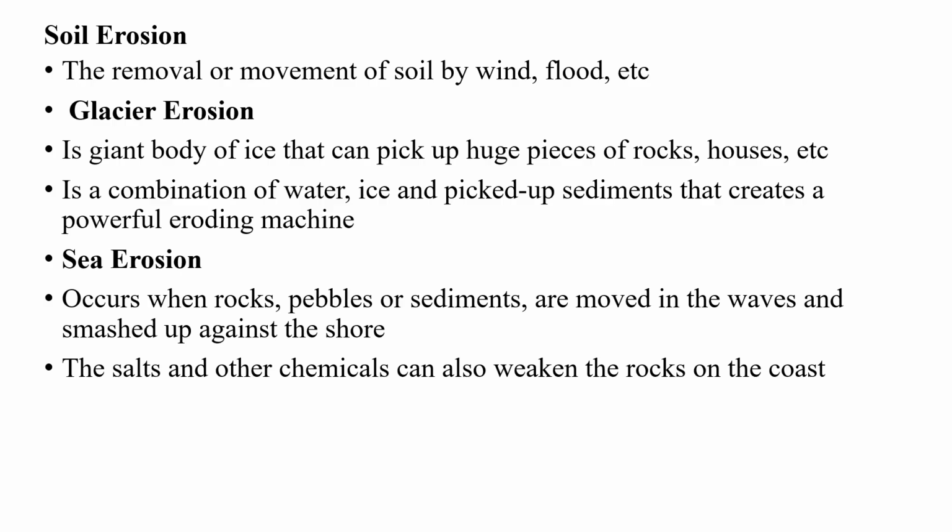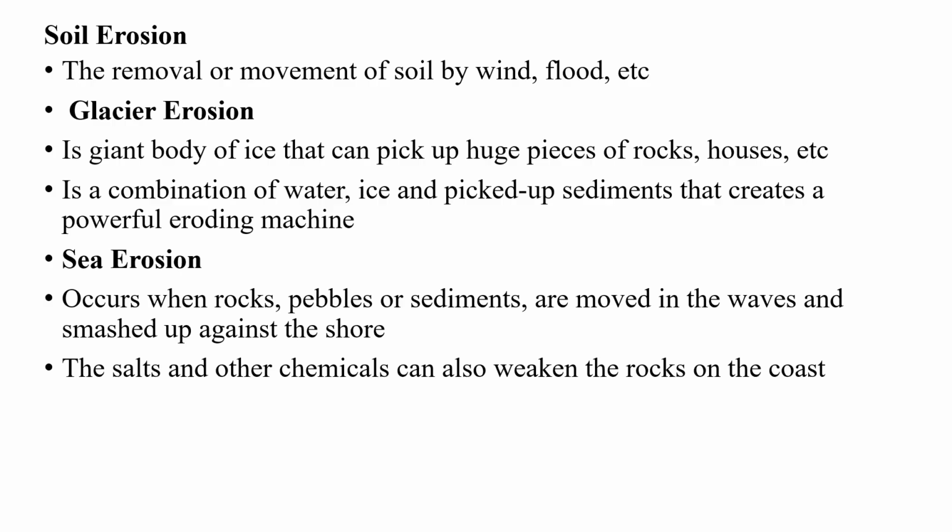This giant body of ice is usually a combination of water, ice, and some sediments that are picked up. So this gives it the eroding power to be able to carry these giant substances.